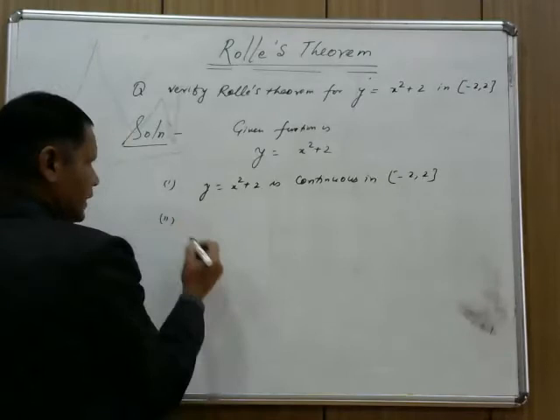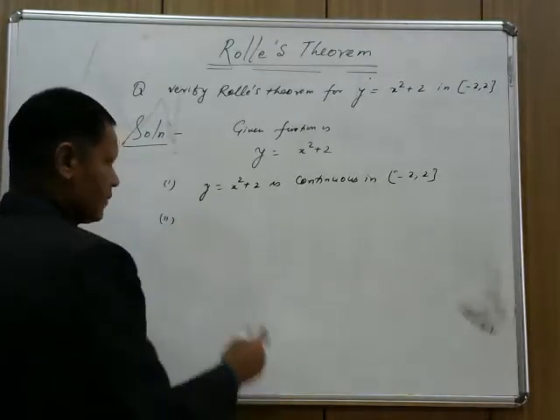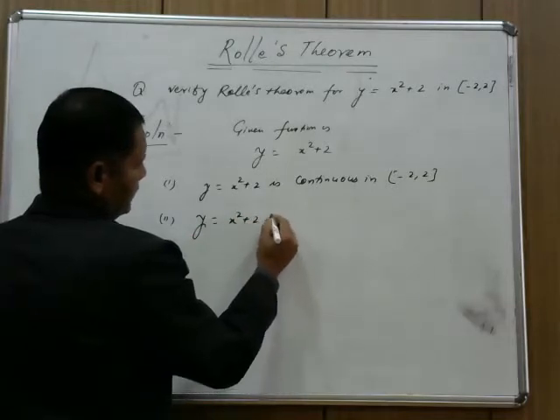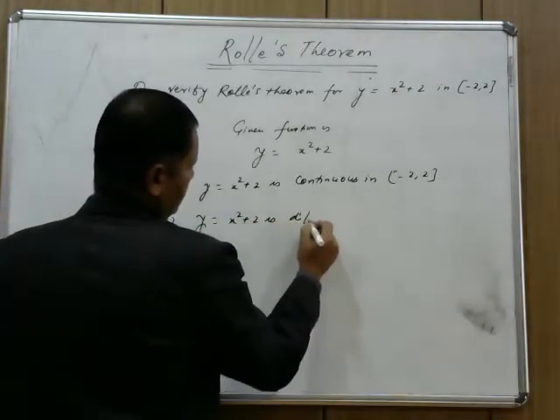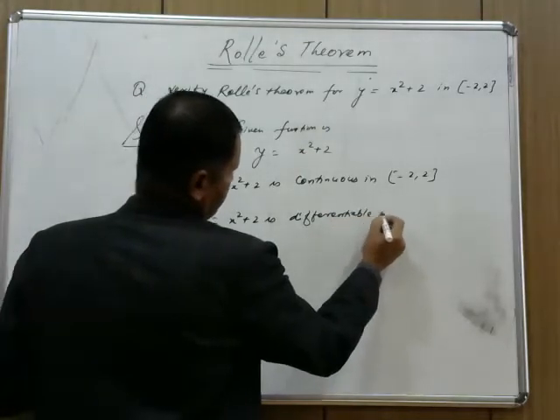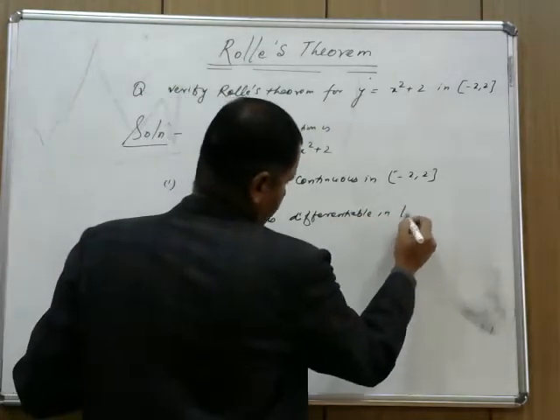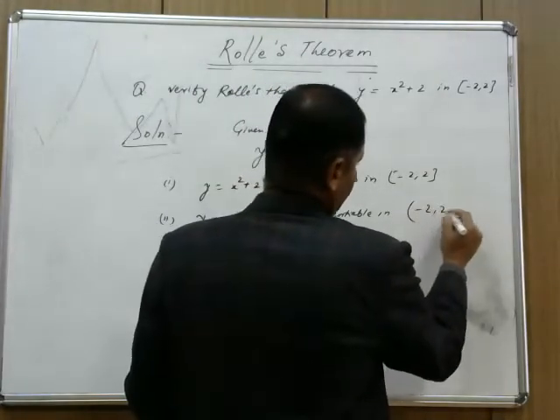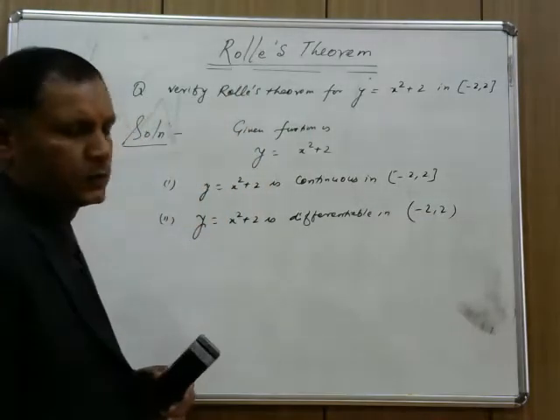Second point, and when it is continuous, it will be differentiable also, and therefore y is equal to x square plus 2 is differentiable in the open interval minus 2 to 2. 2 points done.